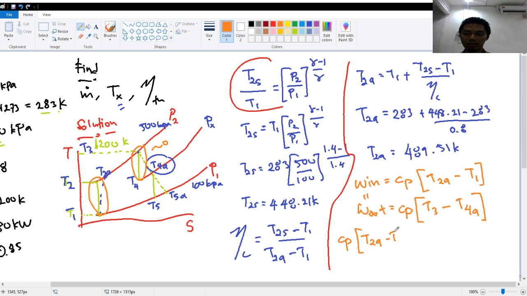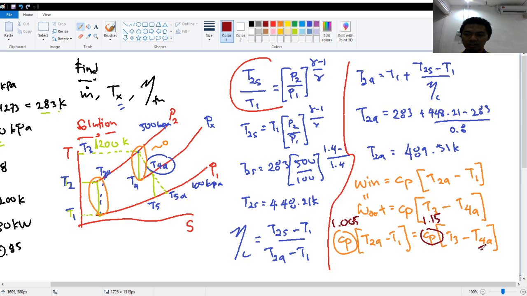T2A minus T1 equals Cp times T3 minus T4. Okay, Cp here using 1.005 and Cp for here using 1.15.